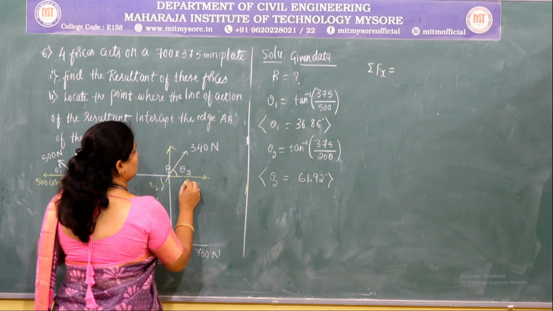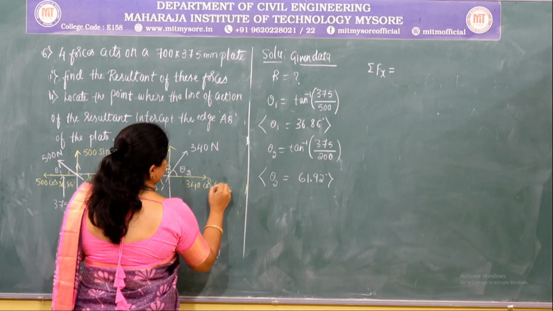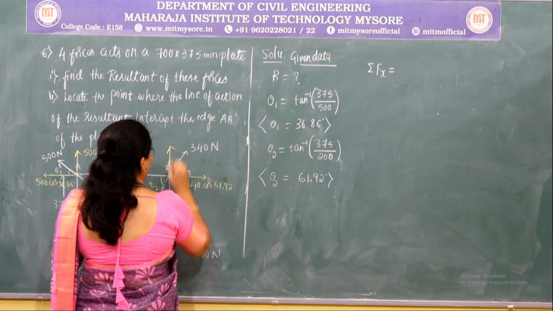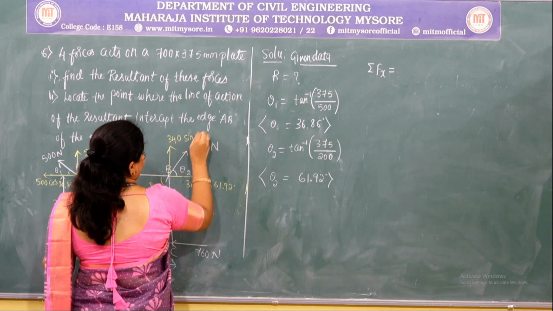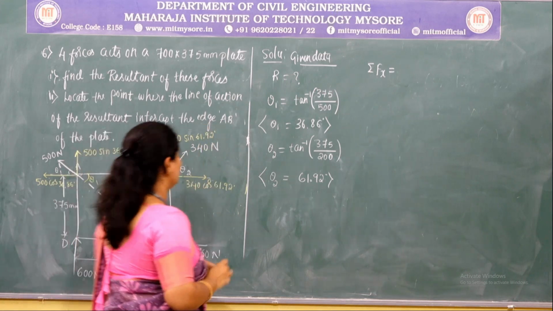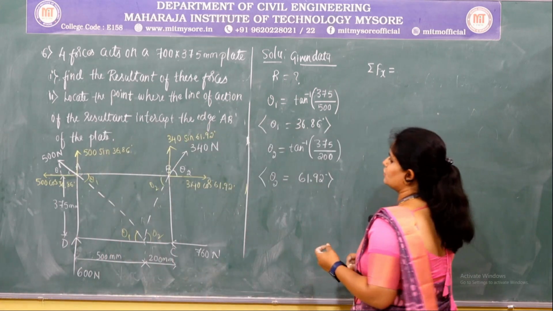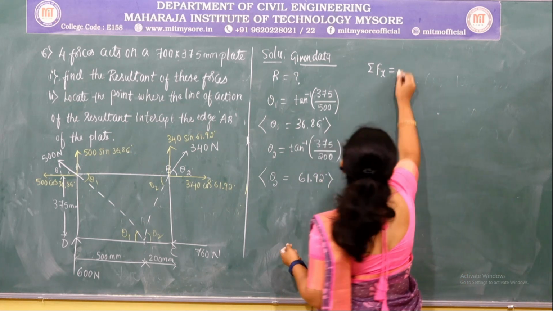So the x component becomes 340 cos 61.92 and the vertical component becomes 340 sin 61.92.